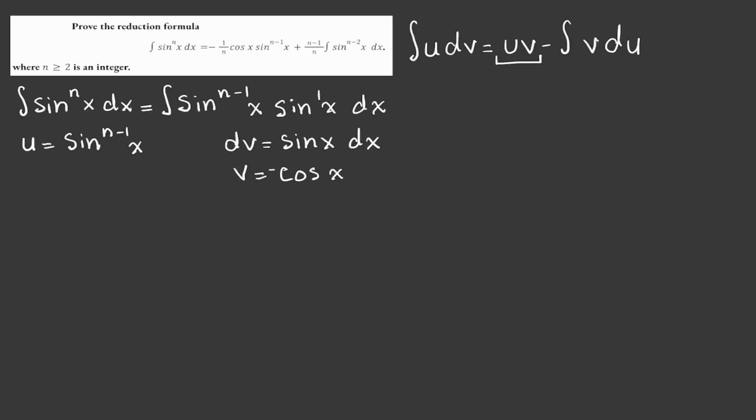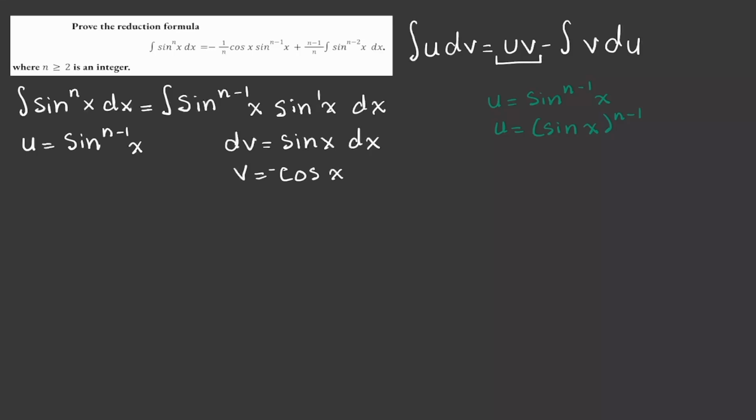Now here, I need to do some work on my u to take the derivative. So I'm going to do some side work right here. My u is equal to sine^(n-1) of x. I am going to rewrite this function as sine of x, to the n minus 1. Now here I know that n is an integer, meaning n minus 1 is an integer.